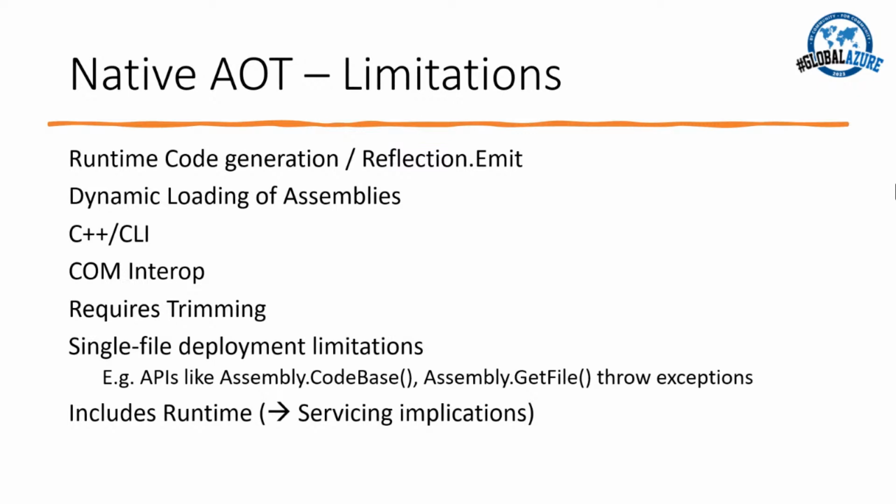And a few other limitations exist, like C++ CLIs. COM interop doesn't really work. You have the same restrictions as single file deployments. So working with assembly interfaces, you might get weird results. But of course, just like in self-contained deployments, you're including the entire runtime, which may have servicing implications for you.